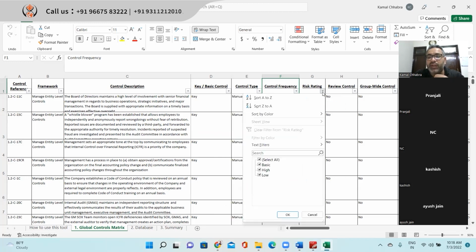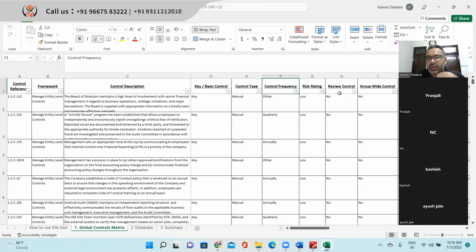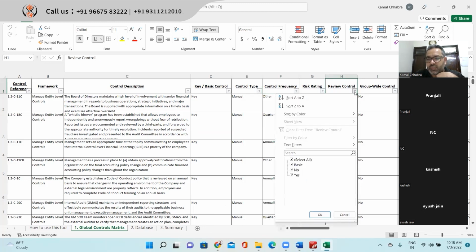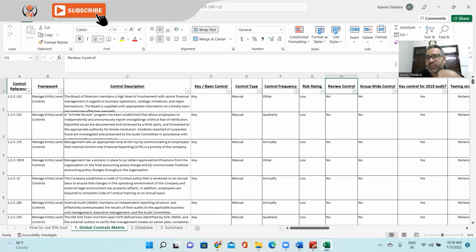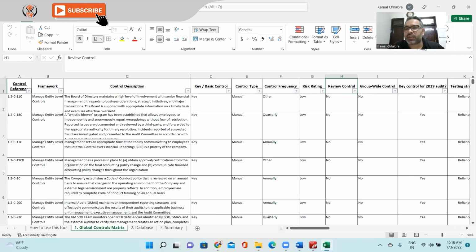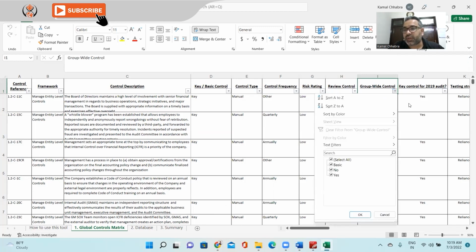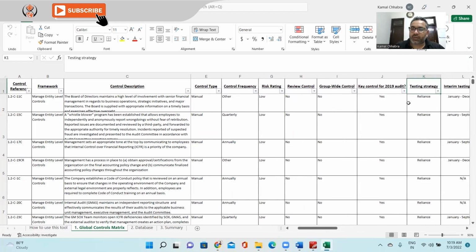And then we have given the rating to the control. So is it basic, high, or low, right? And then, is it a review control or not? And is it a group wide control, or a specific financial statement line item control, or a component level control, right? And then when this control was last tested.